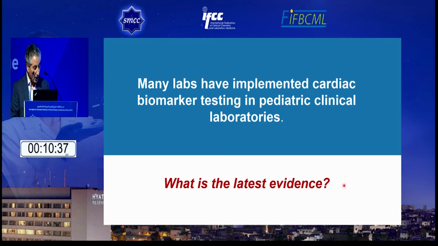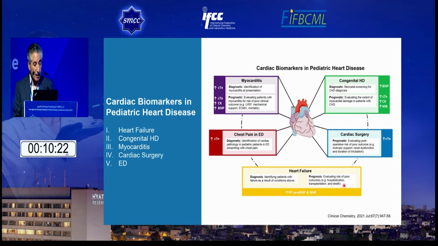But in terms of evidence for use of cardiac troponin, what is the evidence that we require these cardiac markers in children, hospitals, and pediatric lab service?